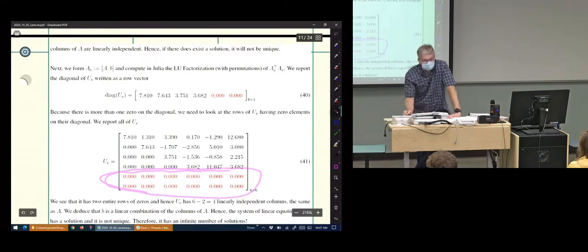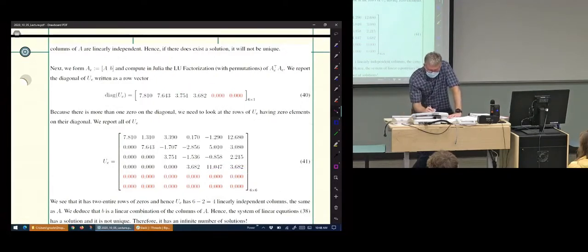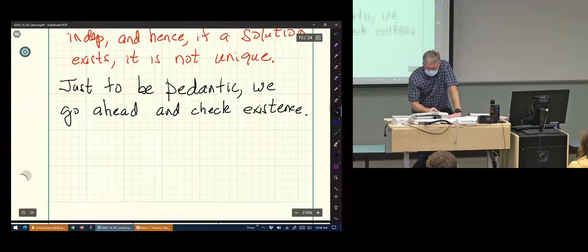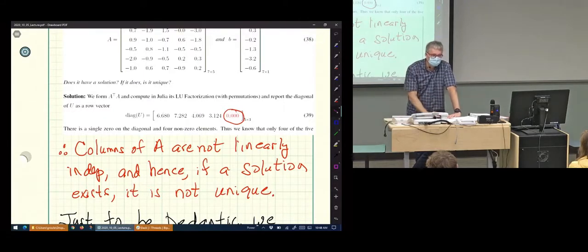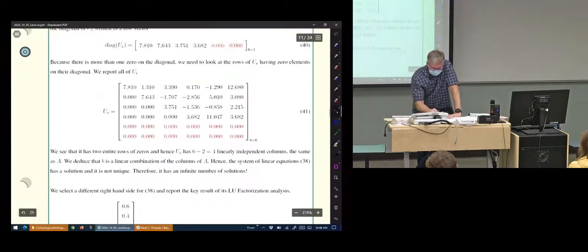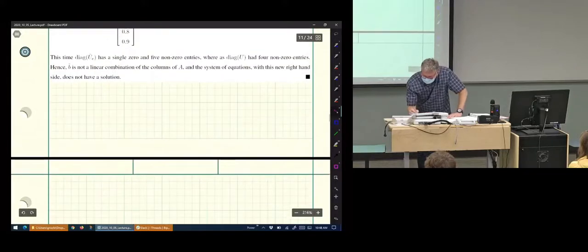They're identically 0. So our test is 1, 2, 3, 4 linearly independent columns of AB. And we go back and look. 1, 2, 3, 4 linearly independent columns in A. Hence, B is a linear combination of the columns of A. And hence, the solution does exist.